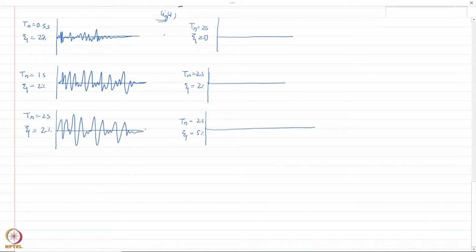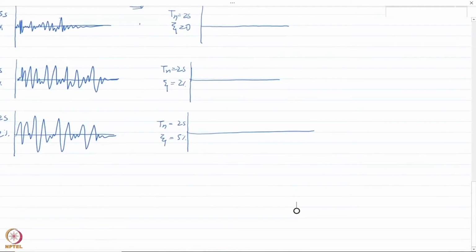This is a direct consequence of increasing the time period, which is evident from the response. Here, first the amplitude is smaller, and second, the time period of the response is smaller. But as you go to 1 second and 2 seconds, you can see that the time period of the response is also increasing, as well as the amplitude.